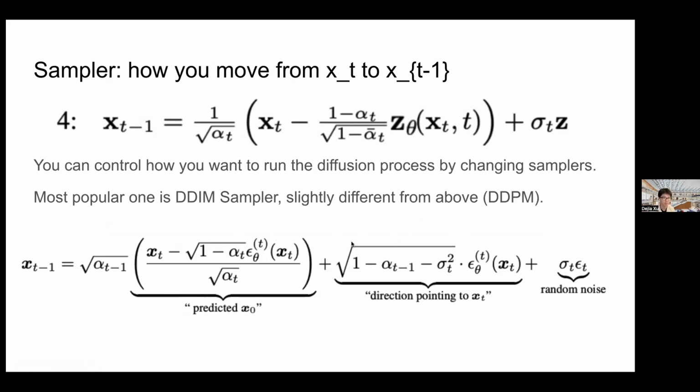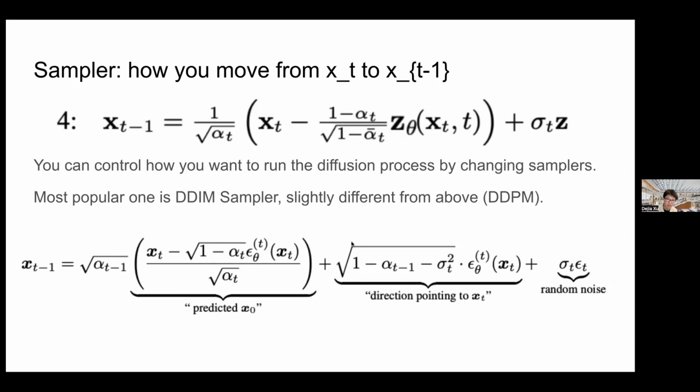And the way the DDIM sampler works is also that when we shift from xt to xt minus 1, we are reducing the noise level. And the good thing about the DDIM sampler is that you can consider its sampling process as three steps.